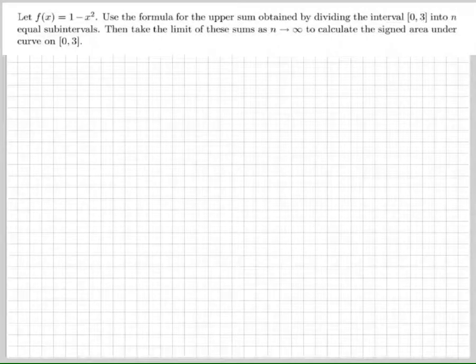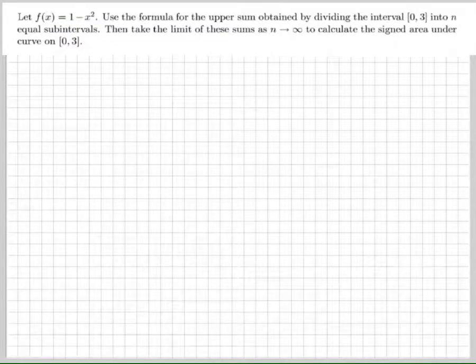So I'd like to return to the question on page 6 of computing the approximate signed area under the curve of f of x equals 1 minus x squared between 0 and 3.